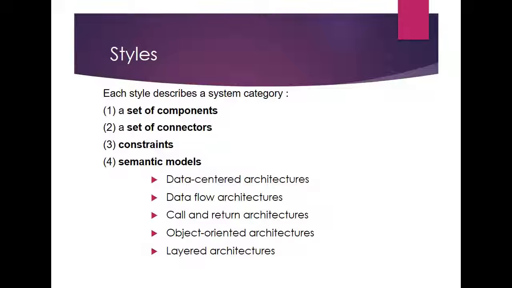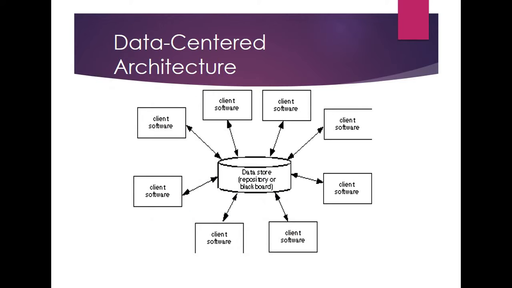Next we are going to discuss different architectural designs. They are data centered architectures, data flow architectures, call and return architectures, object-oriented architectures, and layered architectures. The data centered architecture is shown in this figure. It consists of the data storage device, where all the data will be stored in the backend.